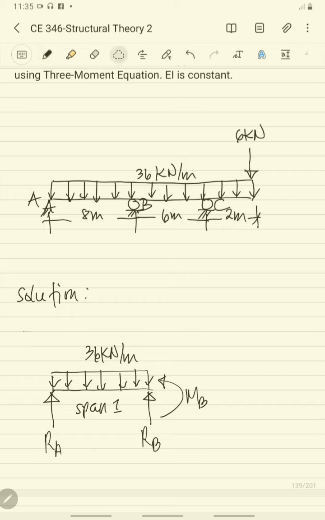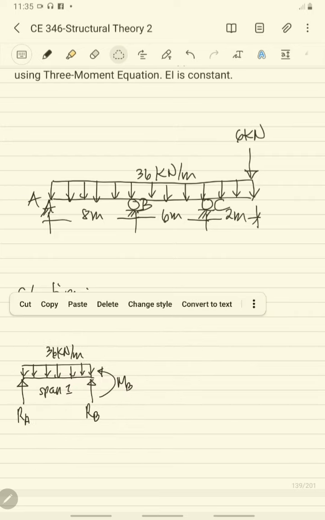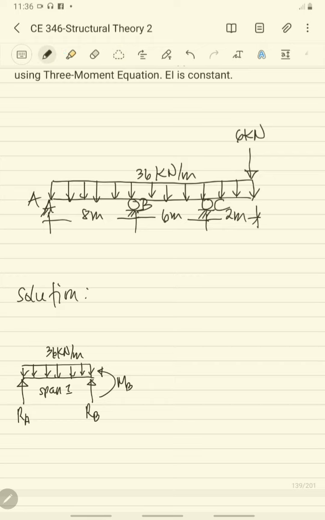Okay, so for our span 2, we have also this one. Okay, this is for your reaction B. This is our span 2.